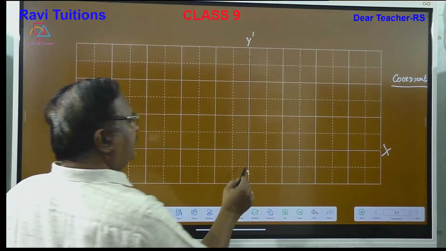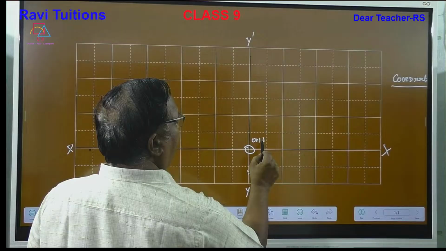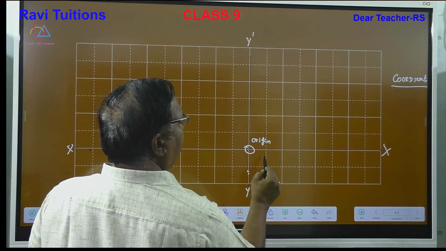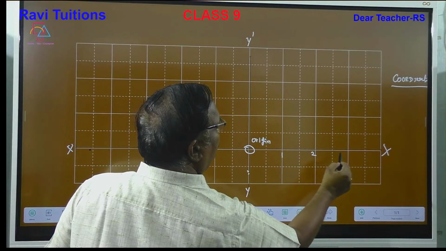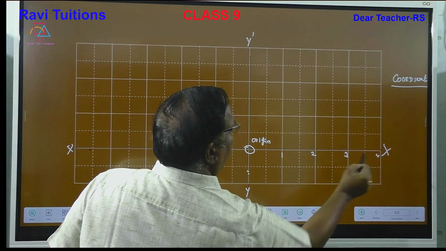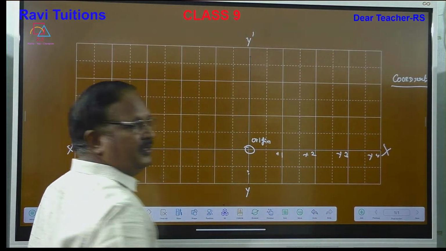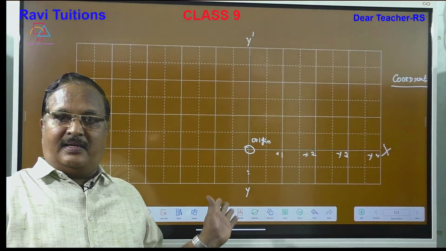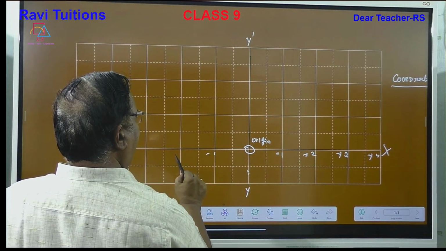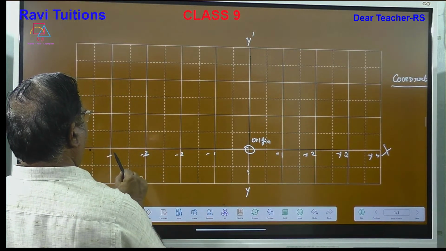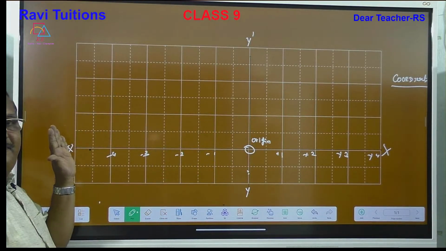Now this point of intersection is the origin. On this side, 1, 2, 3 and 4, plus 1, plus 2, plus 3, plus 4. That means the right side is positive, the left side is negative. If there is no negative, the y-axis can be brought here.